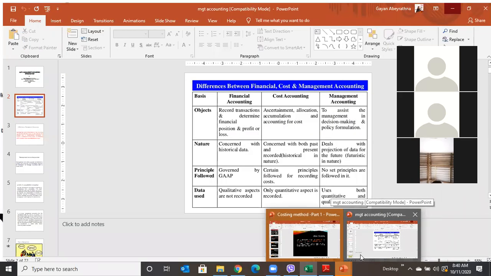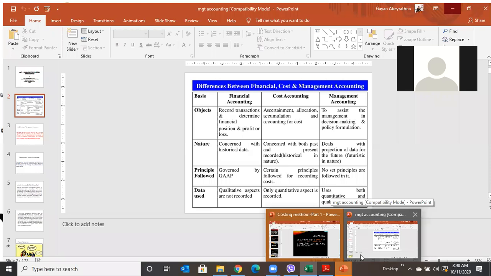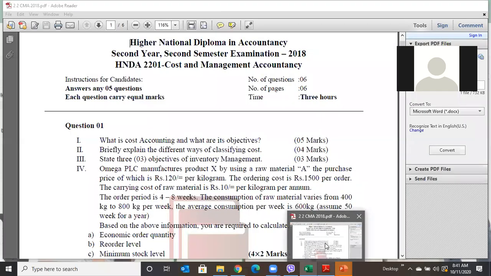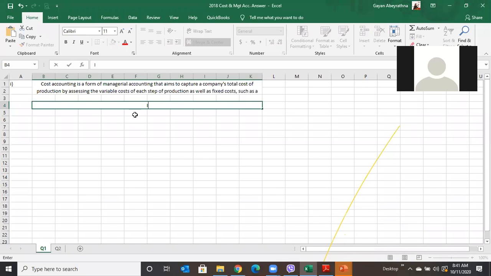So simply we can say that as identifying the cost related to a product or products or service. Simply this one can say as cost unit.